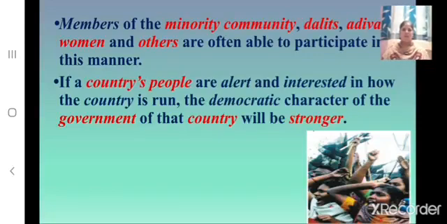And for a strong democratic government, it is important that its people are alert and interested in how the country is run. That means the people should know what actions, laws and decisions are made by the government, and if they feel that these are not good for the people, then they can organize rallies, strikes, signature campaigns, etc.